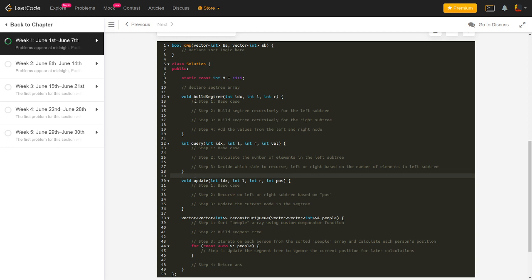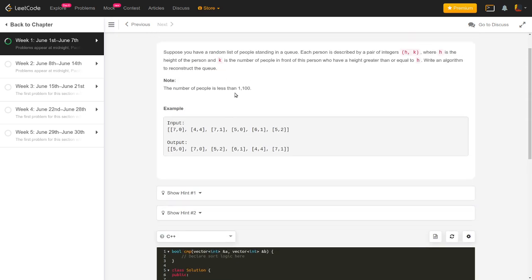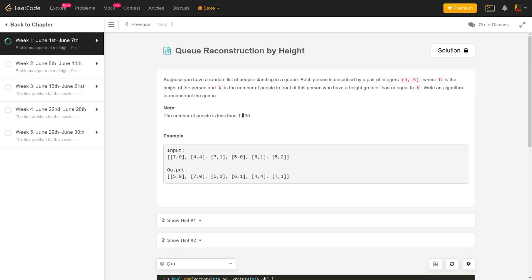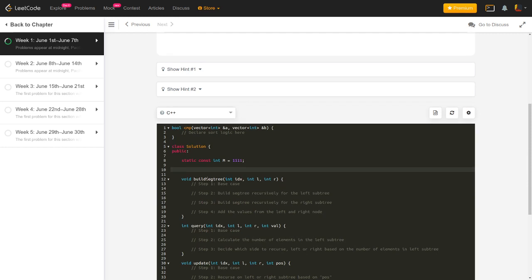So let's start by declaring the segment tree first. Okay. Since they've told us that at max we can have this many people, the segment tree that we need to declare is 4 times that m. I've just taken m as 1111 to be on the safer side, something greater than 1100, and I declare my segment tree to be of size 4 times m.